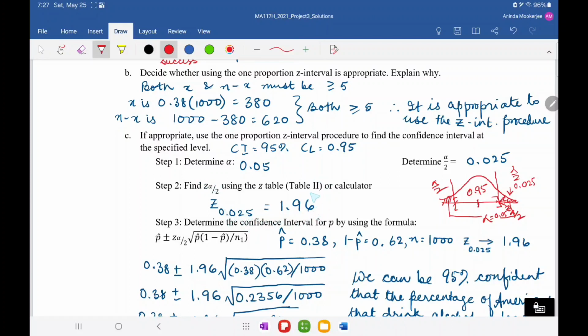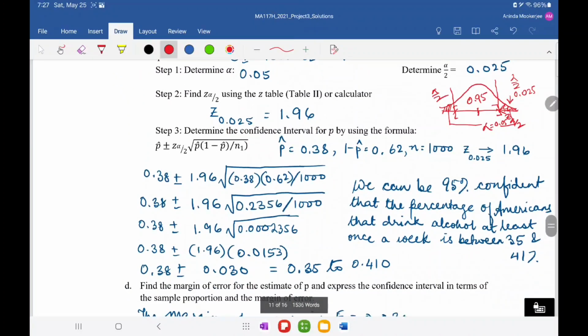You can use your table or your calculator. And once we know our z value, z of 0.025, we can just plug in all the values into the variables in our equation. We've given the equation here. If it's not given to you on the test, please go to your formula sheet and find it.